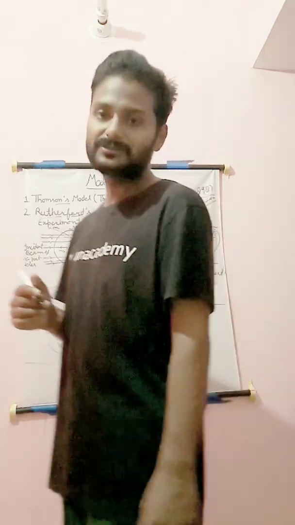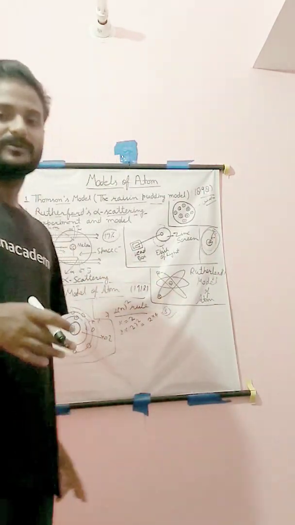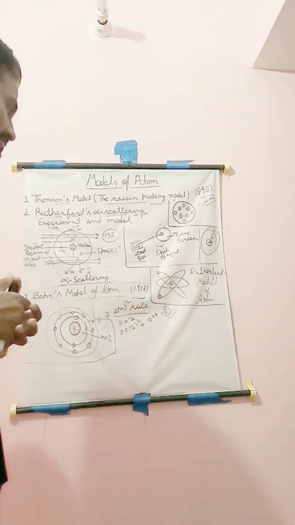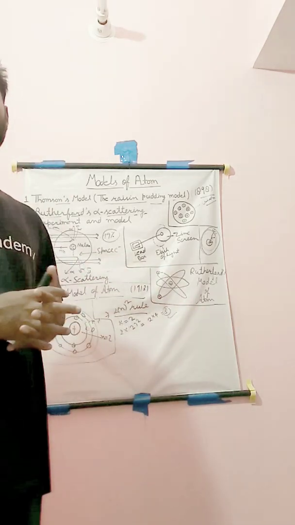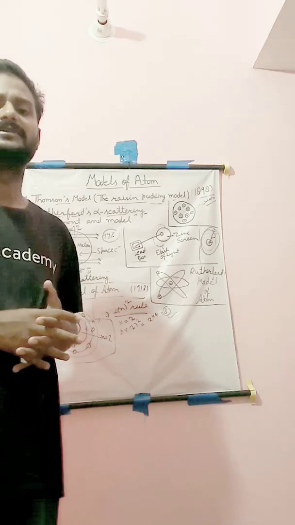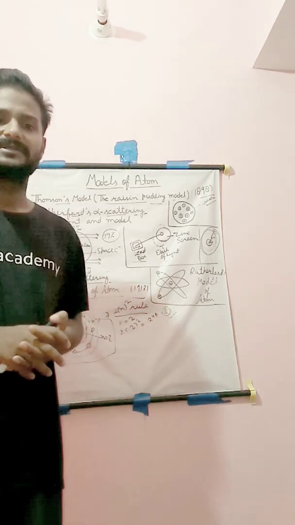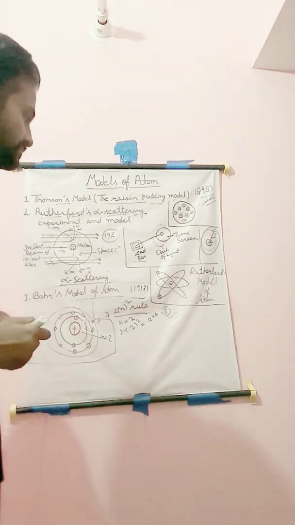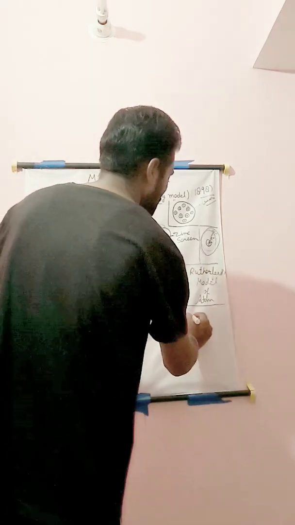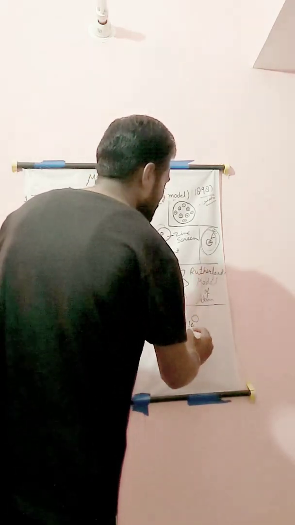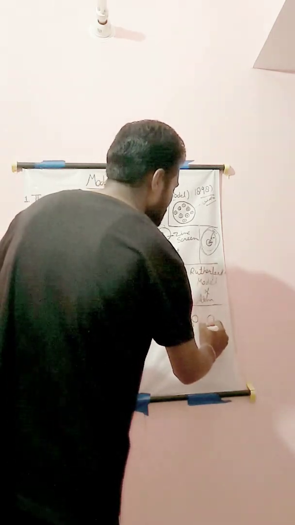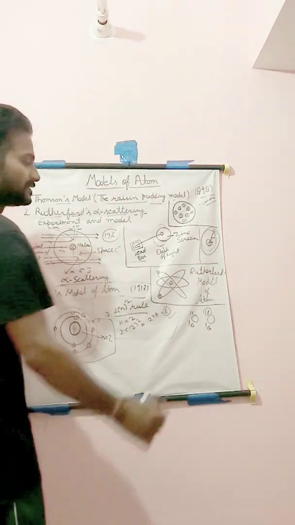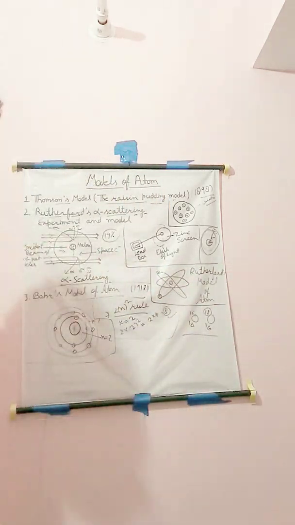And you also have to read about isotopes and isobars, which you normally know about very easily. Isotopes are different forms of an element which carry the same atomic number, but their masses are different. Suppose there are two isotopes of oxygen, oxygen-16 and another, and their atomic masses are different. So these are known as the isotopes of oxygen.